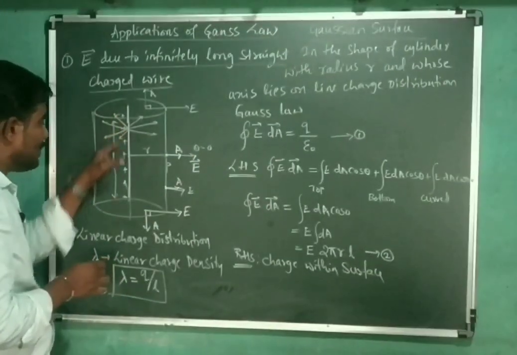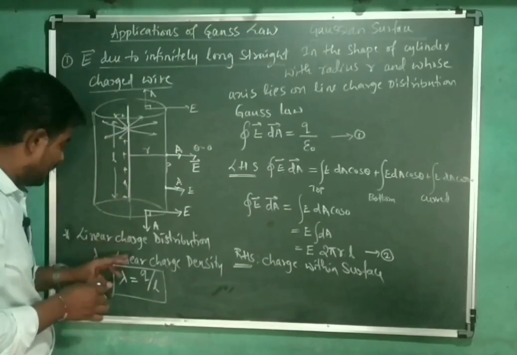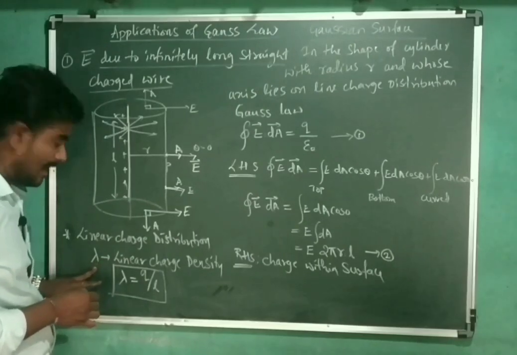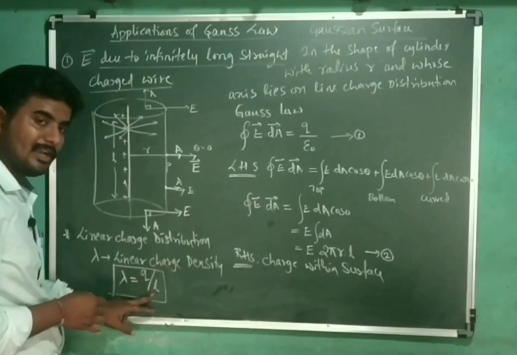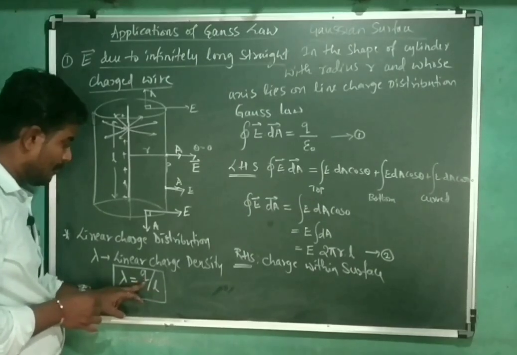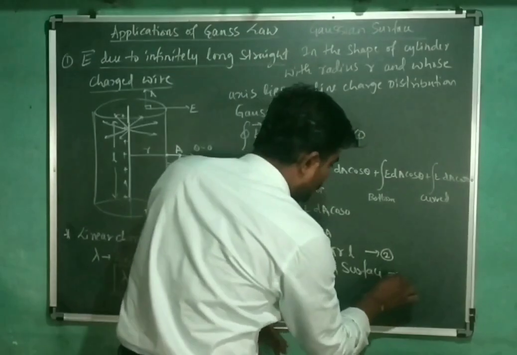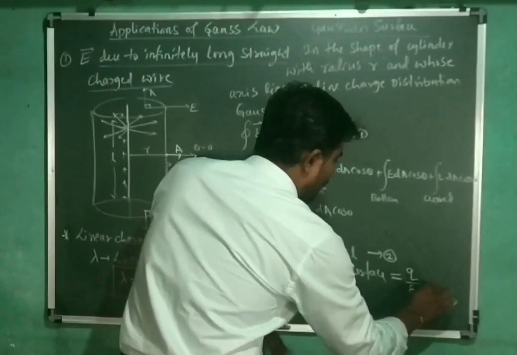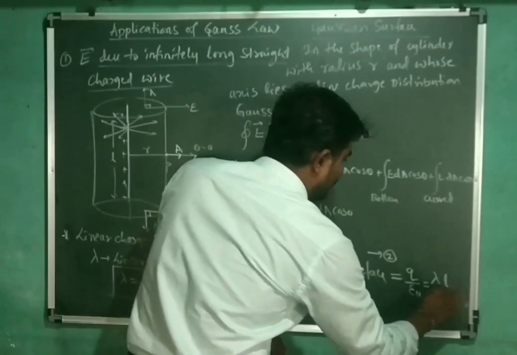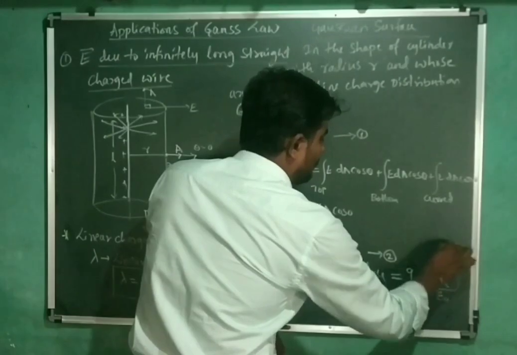There are n number of charges, but we have defined the charge actually, and that definition is lambda. Lambda is the linear charge density, lambda is equal to charge per unit length. It means the total charge in length L is how much? Lambda into L. So Q divided by epsilon naught, and Q is equal to lambda into L, so it is lambda into L divided by epsilon naught. This is equation 3.